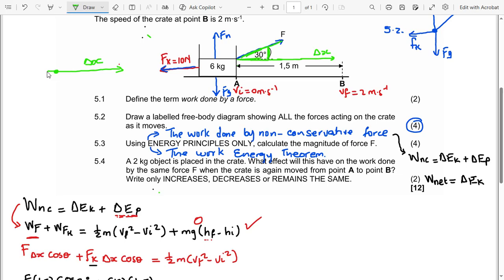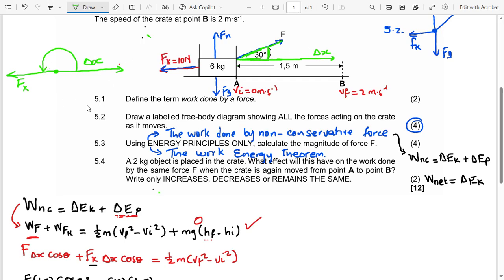And now, where is friction going? Friction is going in an opposite direction. What is that telling you? Frictional force will have a negative work done. So it is going in an opposite direction to the displacement. And what is the angle between the displacement and the frictional force? 180. Angles on a straight line, that's 180.